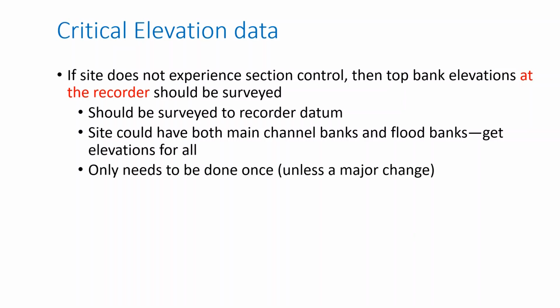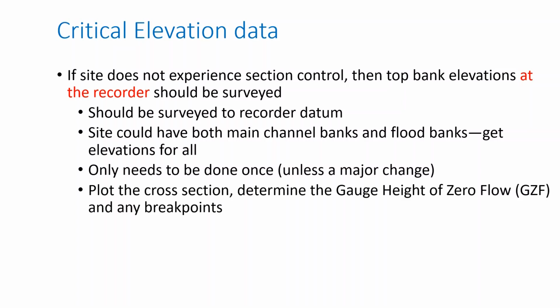It really needs to be done only once unless there's a major change which alters those banks, which is fairly unusual unless it's a major event. The plot of the cross section determines that zero flow again, and any break points between those upper control changes, and again it's attached to our field visit in Aquarius.